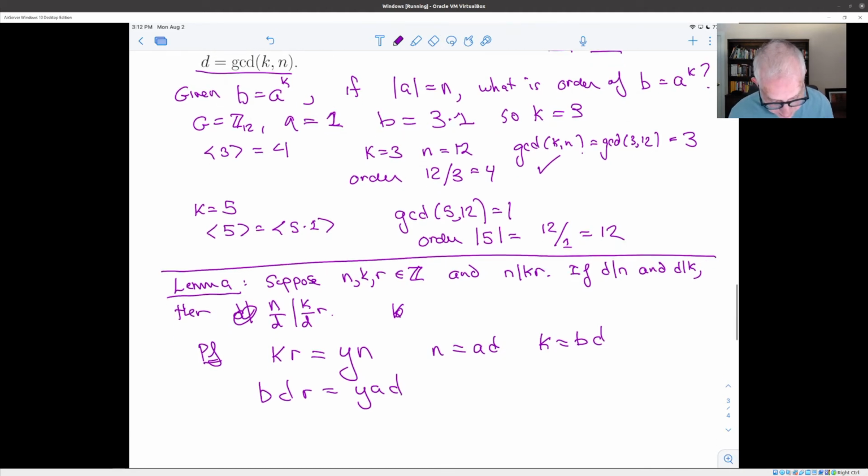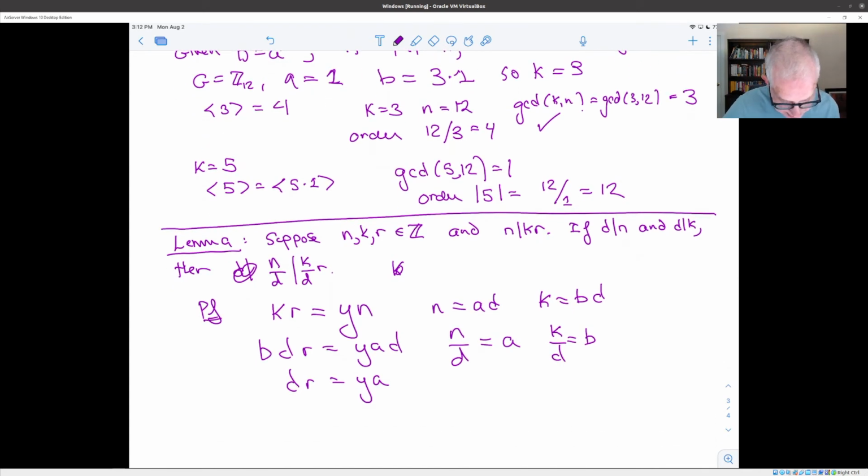And if we cancel the d's, we get that br equals ya. But a is n over d, and b is k over d. So this does in fact tell us that k over d times r is a multiple of n over d. And that's what the little lemma says.